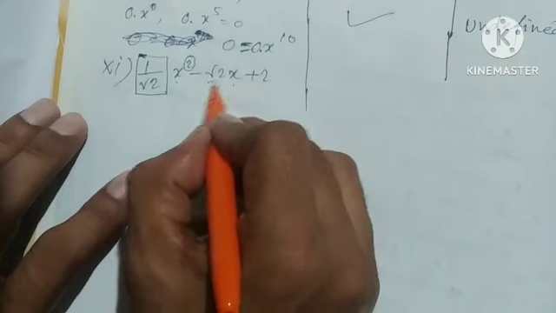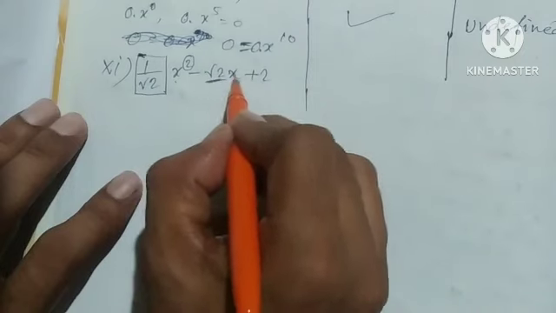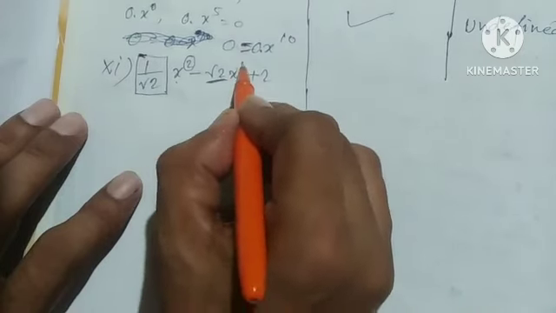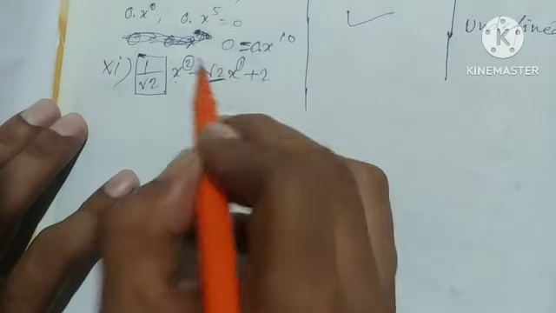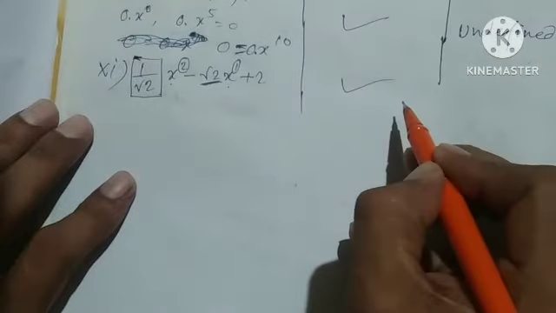Here root 2 is a constant, the coefficient of x, and the power is 1. So 1 and 2 are whole numbers, therefore it is a polynomial, and the highest power is 2, therefore 2 is the degree.